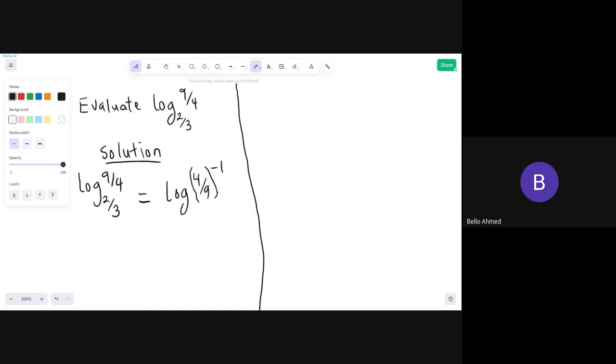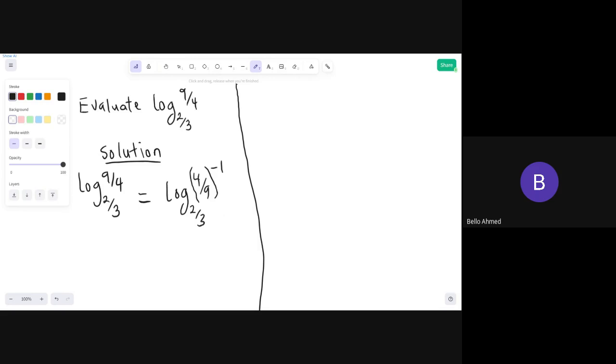That's why I'm putting the minus there. So everything is raised to the power of negative 1, to base 2 over 3. That is logarithm of 4 over 9, in brackets, raised to the power of negative 1, then everything to the base of 2 over 3.